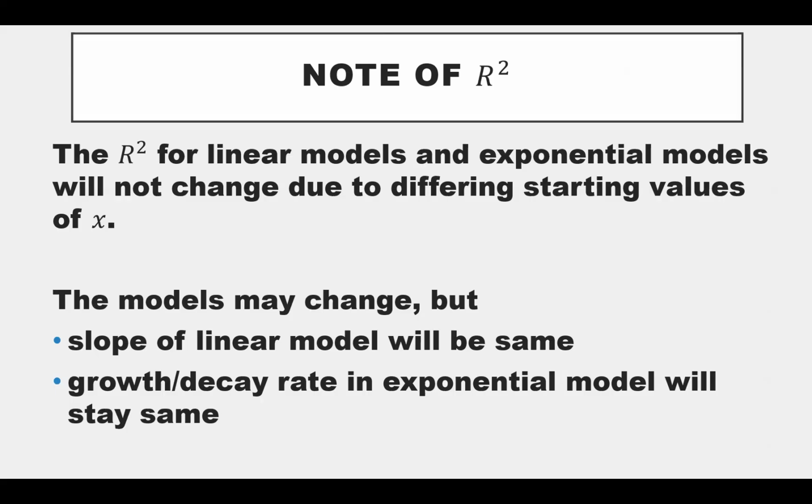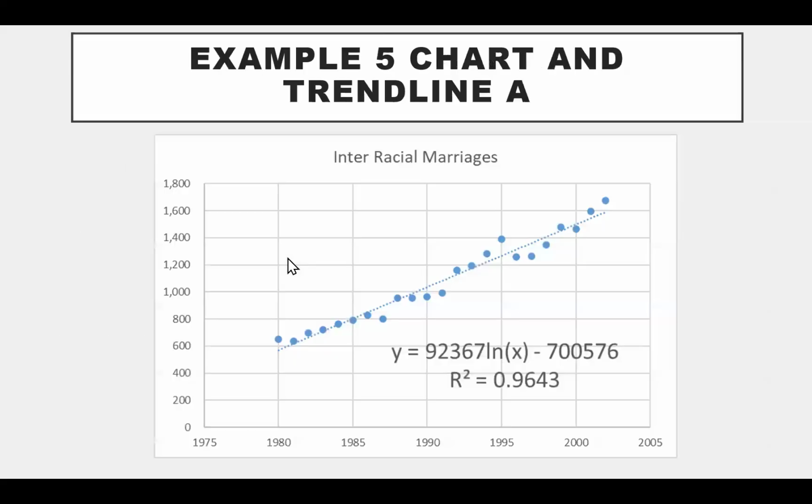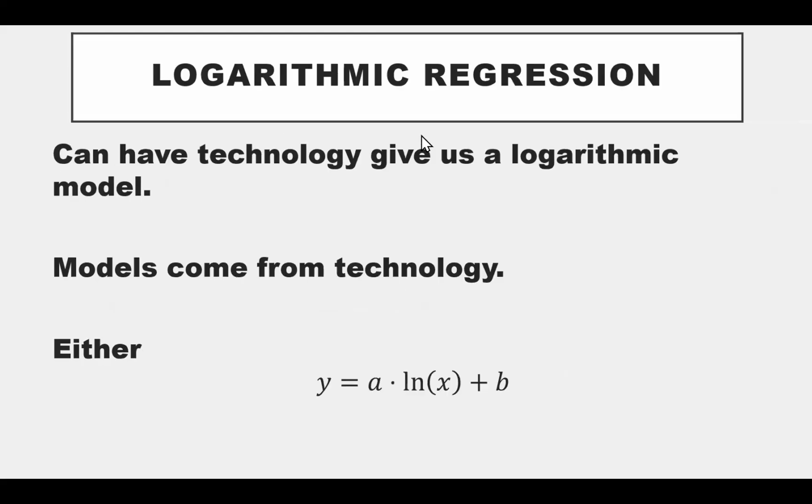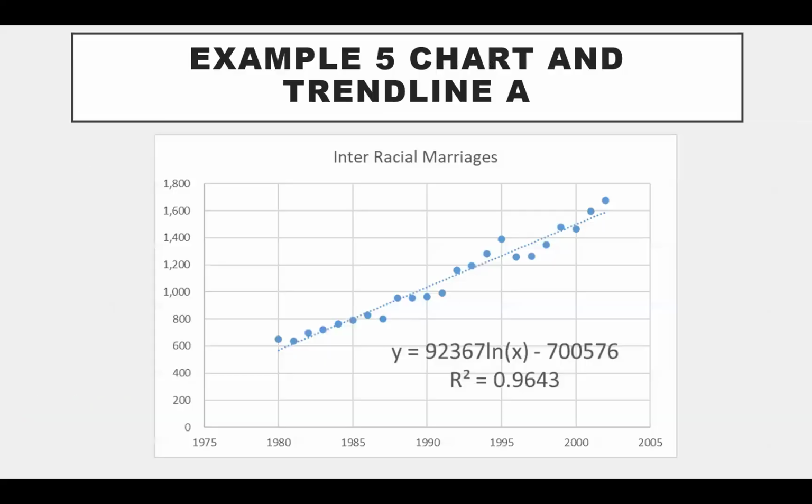So the models may change a little bit, but if you're building a linear model, the slope would be the same and all the predictions would be the same. And in the exponential model, the growth and decay rate would be the same and all the predictions would be the same. That's not the case in these logarithmic regression models.